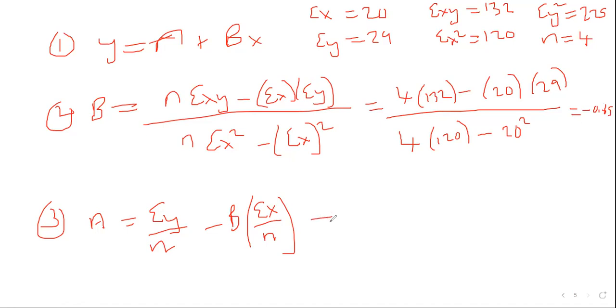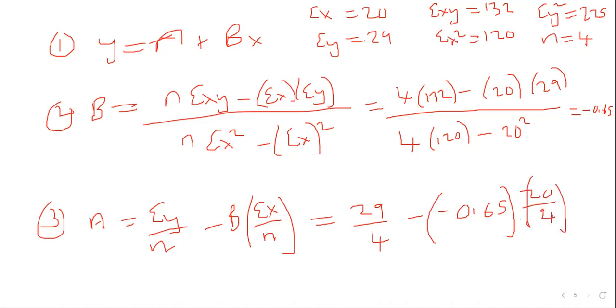Then to find our a, the summation of y, we already have as 29 over our n, which is 4, minus the b we just found, 0.65, times the summation of x, which is 20, over n, which is 4.